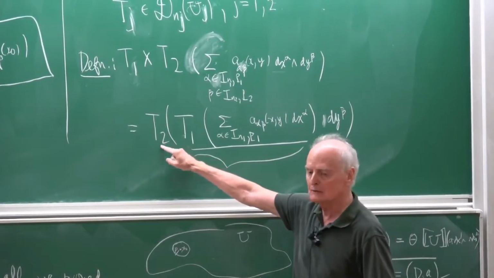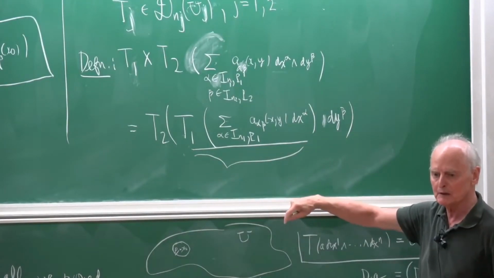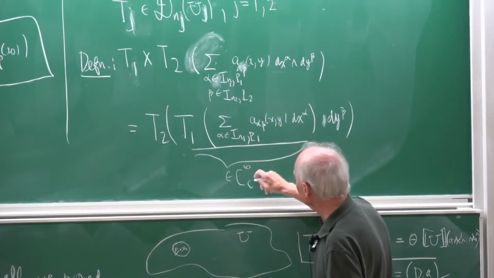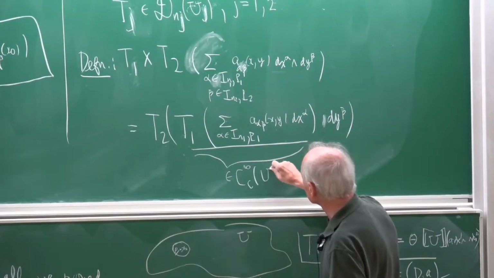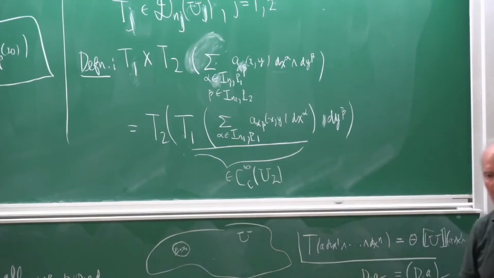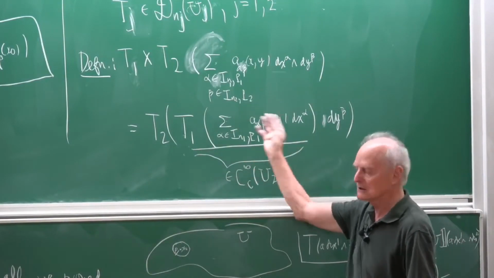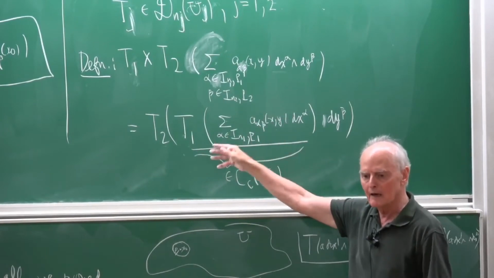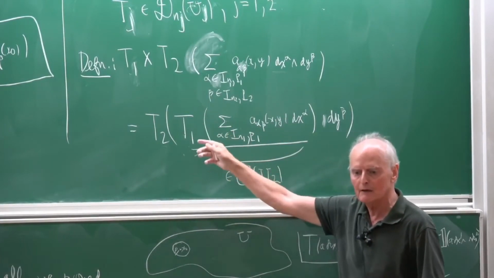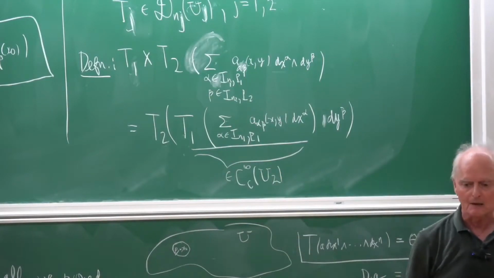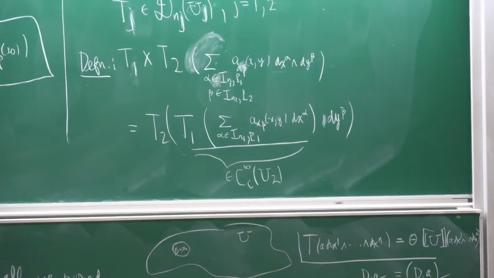Because I want to apply T2 to it. I claim that this is C infinity with compact support in U2 as a function of y. And there's a little thing to check there. You've just got to use difference quotients and the linearity of T1 and the fact that T1 is a continuous linear functional to check that that's really correct. There's a few steps to check that, but I claim that that's true. So I'll leave you to check that. So this does indeed make sense.